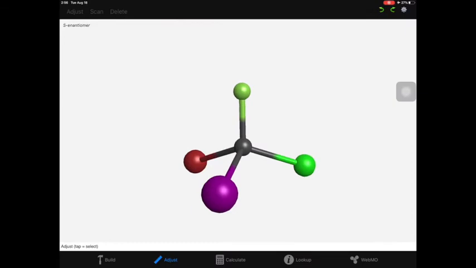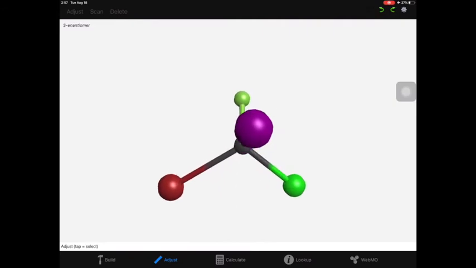Take note that fluorine is the least priority. Therefore, you must reorient the molecule in such a way that fluorine would be facing away from you. So what we need to do is to reorient the molecule like this.